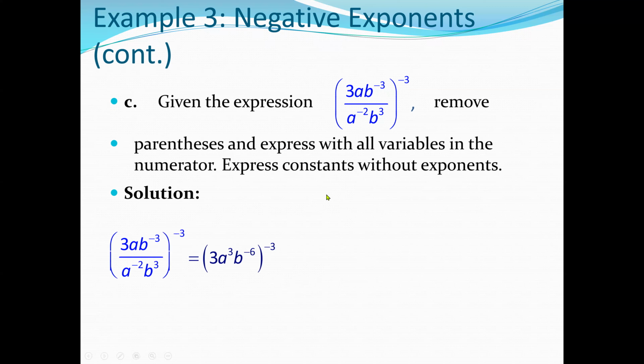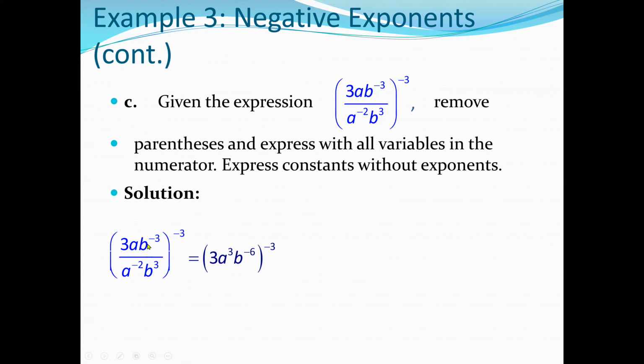So the solution here, we decided to simplify everything. We have 3 will remain, only 3, but we have a divided by a to the power negative 2. So that will give me 1 minus negative 2. Minus negative 2 will be plus 2, so it becomes 3.